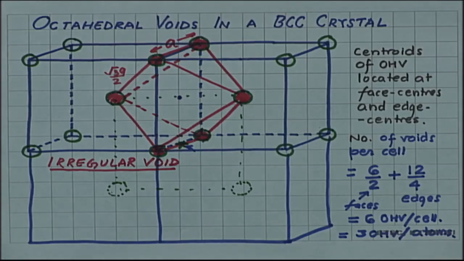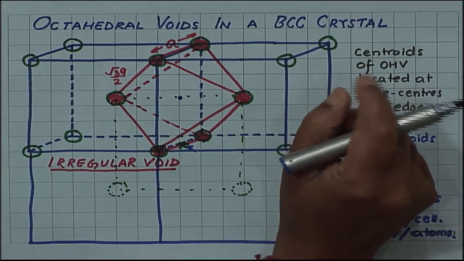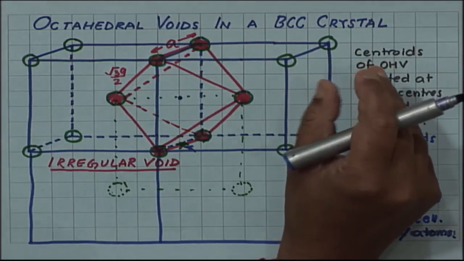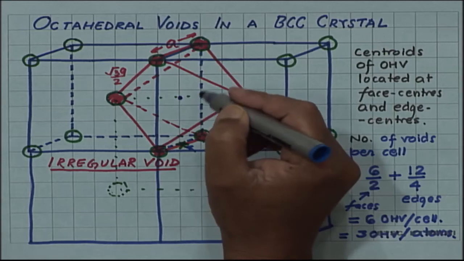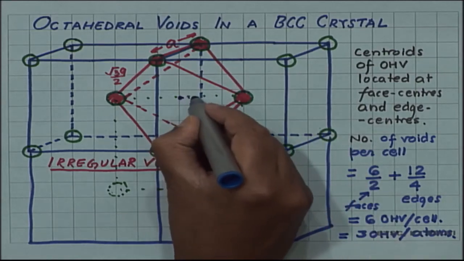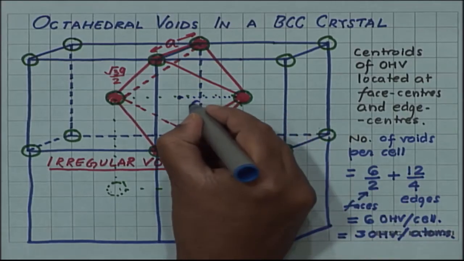But there is one more irregularity in the octahedral void which was not there in the tetrahedral void. In the tetrahedral void, the centroid was at equal distance from all the 4 corners. Even that fact is not true for the octahedral void here, because the distance from the centroid to one of these body center points is a by 2.